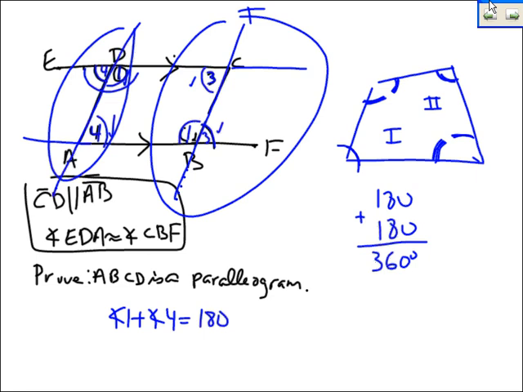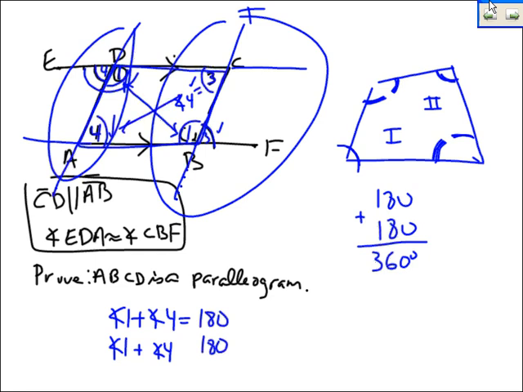So that's angle 1. Well, to get another 180, I know what to add to angle 1. And it's angle 4. But they're calling that angle 3. That's angle 4. Oh, look at this. Here is a 4-sided figure where opposite angles are equal.